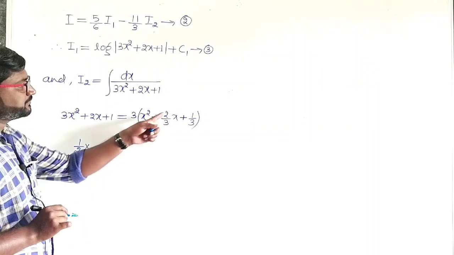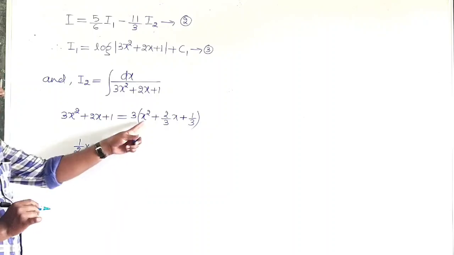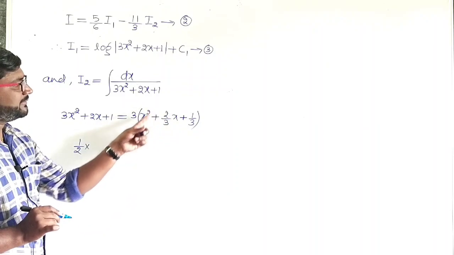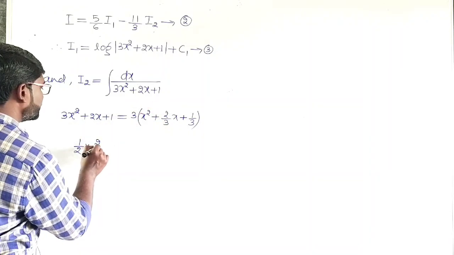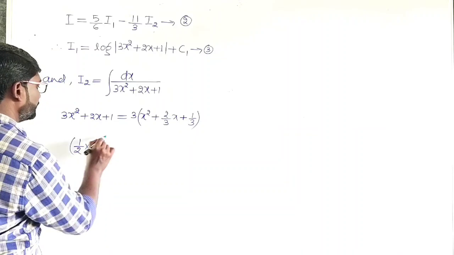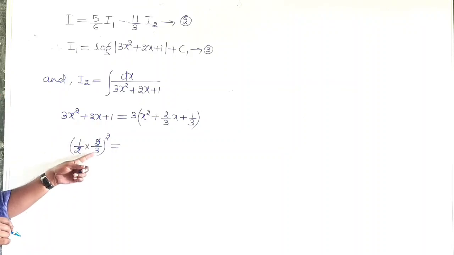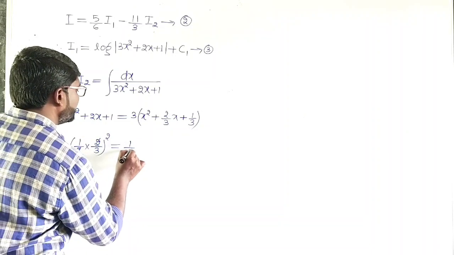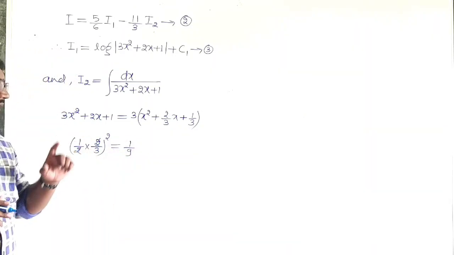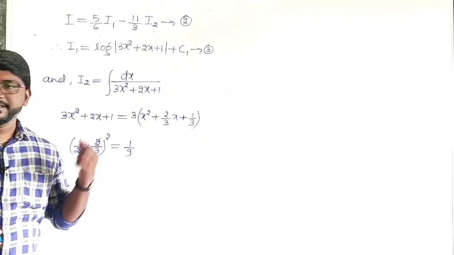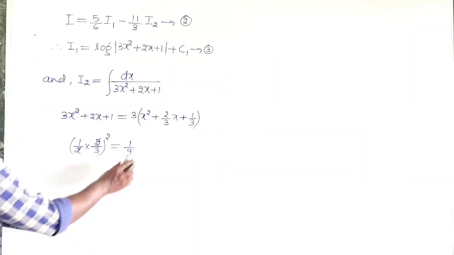What is b? In ax square plus bx plus c, the value of b is 2 by 3. So 1 by 2 into 2 by 3, the 2 gets cancelled. What do we have now? 1 by 3 the whole square, that is 1 by 9. So we have to add and subtract 1 by 9. So let us do that now.